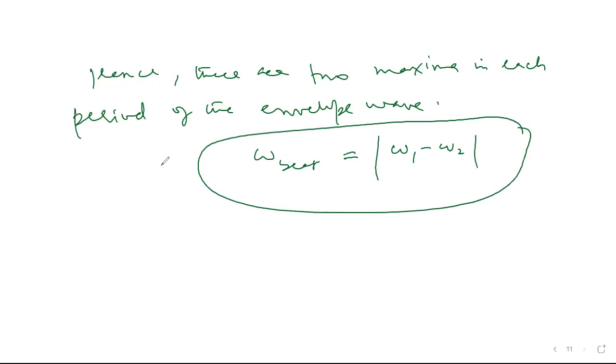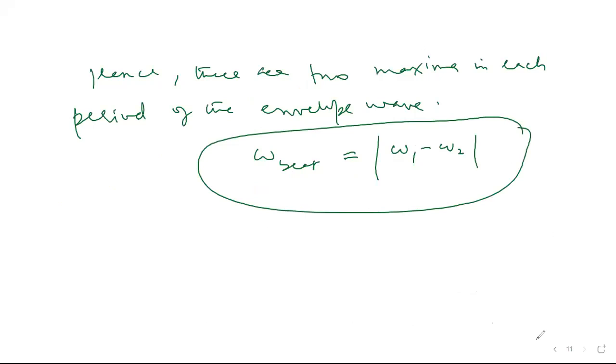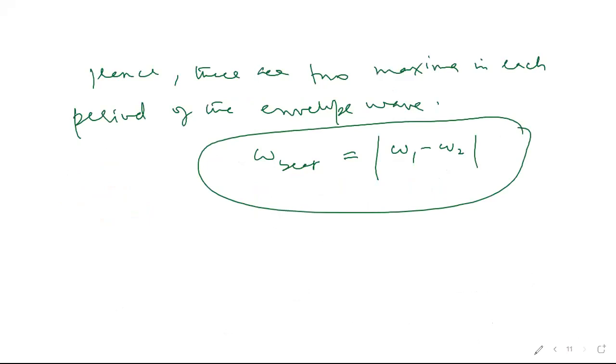This is important. I repeat, the maximum in the amplitude of the resultant vibration is detected whenever this factor becomes plus minus 1. Hence, there are two maxima in each period of the envelope wave. Because the amplitude varies with the frequency omega 1 minus omega 2 by 2, the beat frequency will be double of that.